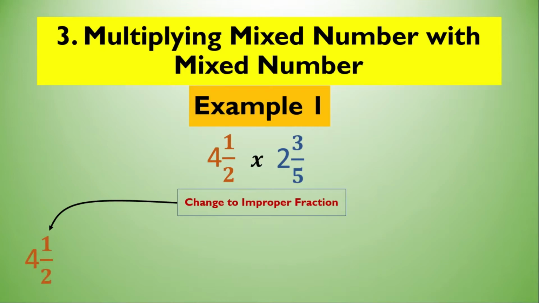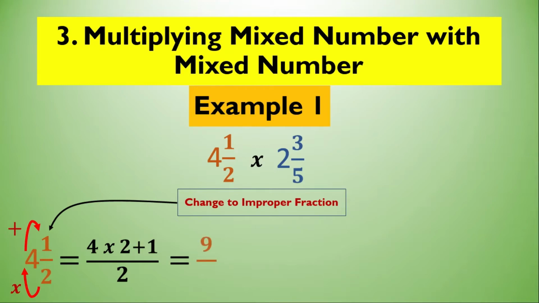How? Denominator 2 times 4, the whole number, and then add the numerator. 4 times 2 plus 1, keep the denominator 2, and that gives 9 over 2.